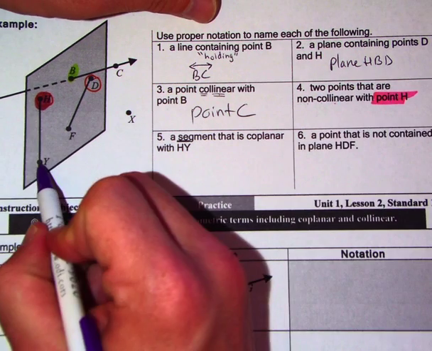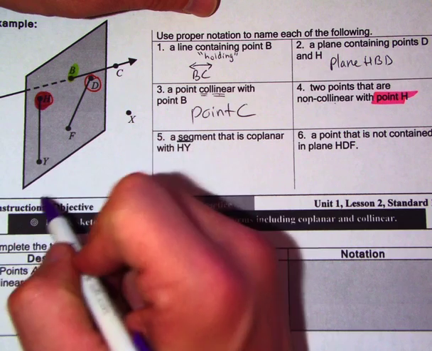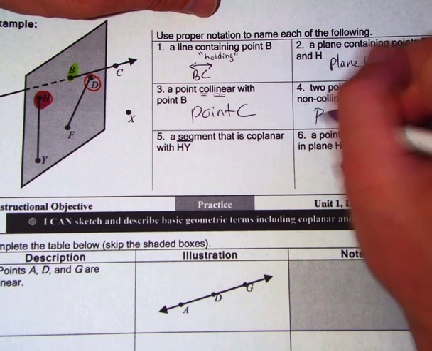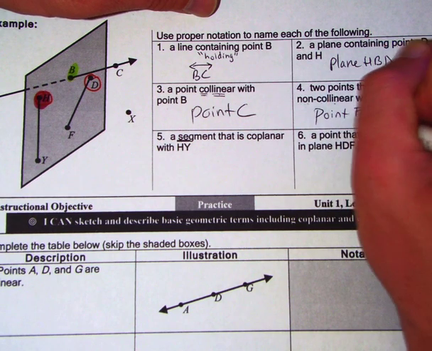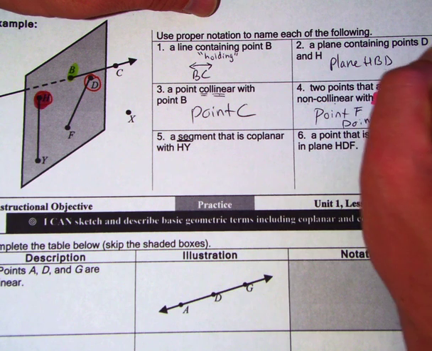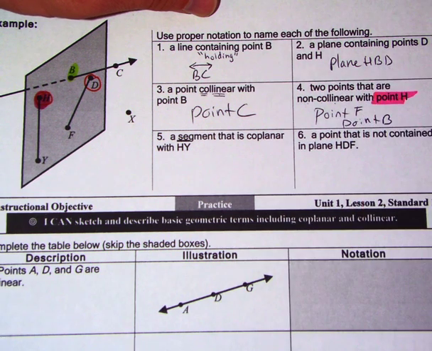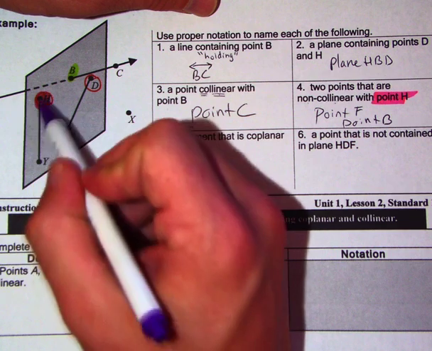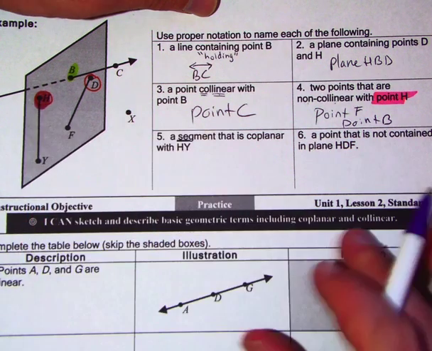Well, we can't say Y, because Y is on a line. But how about points F and point B? Those are not collinear with point H, at least not on the line that's here. We could sketch a line in between them, couldn't we? But they're not on a line with H.